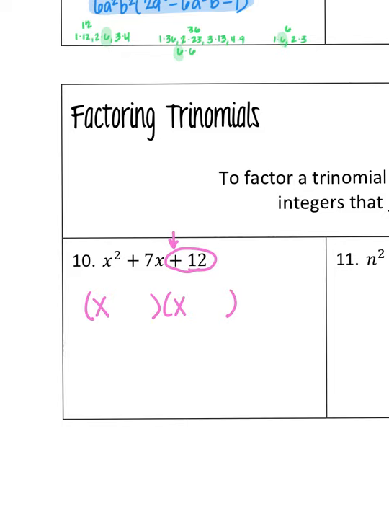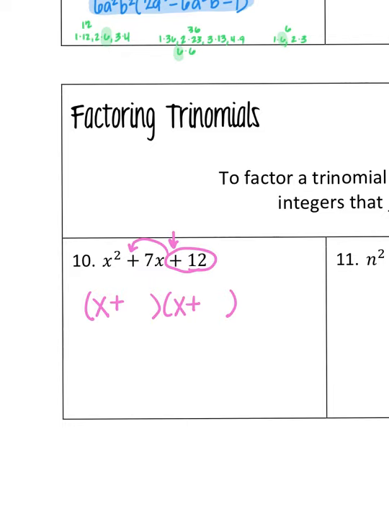In this case, I can see that my signs are both going to be plus. If this were a minus, both of my signs would be the same, but they would be minus.